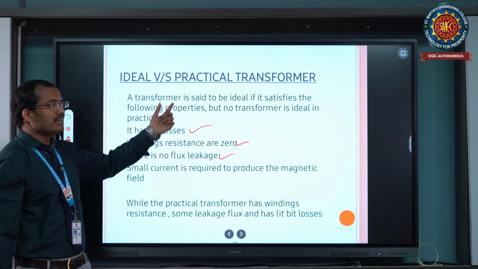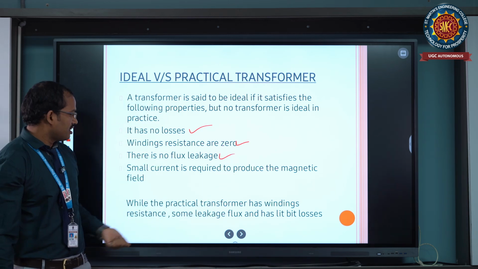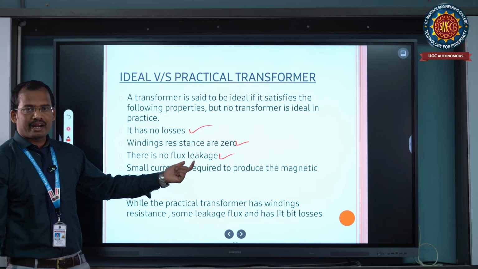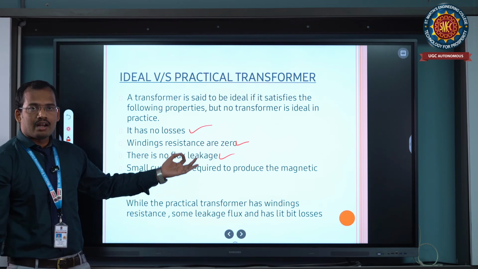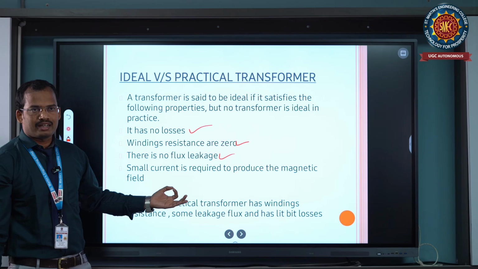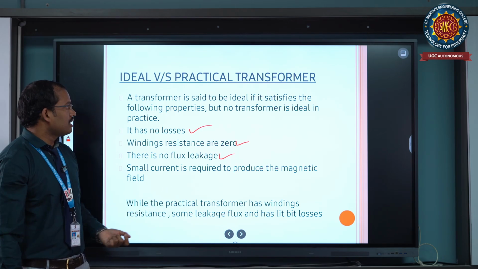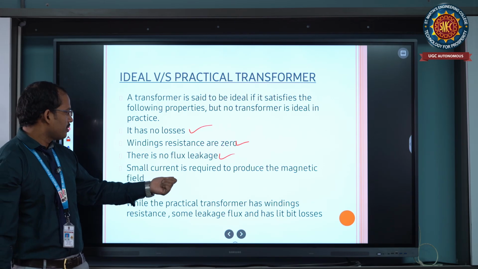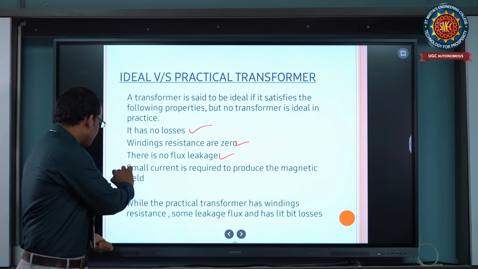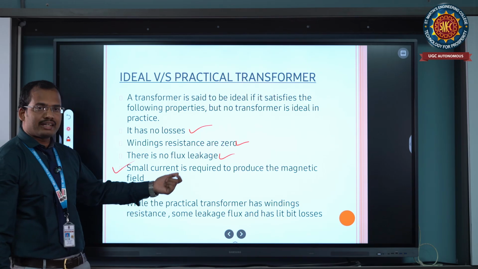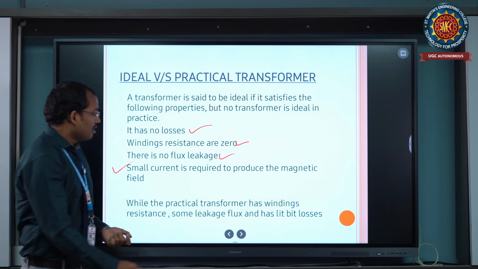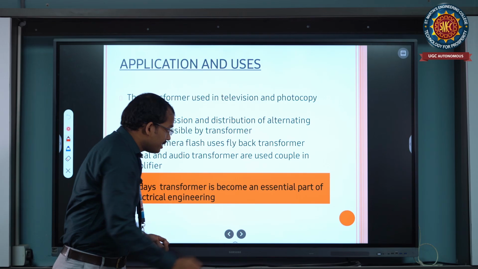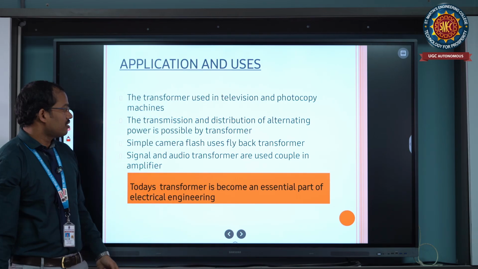But a practical transformer has a little bit of losses, like flux leakage, current losses, and small magnetic fields. So these are the differences between the ideal and practical transformer.